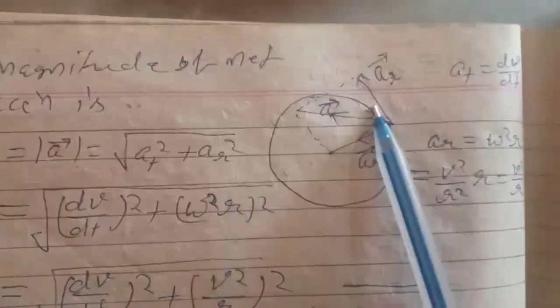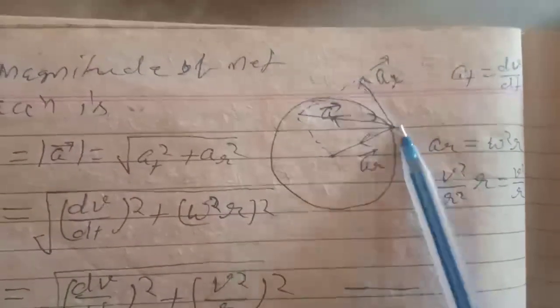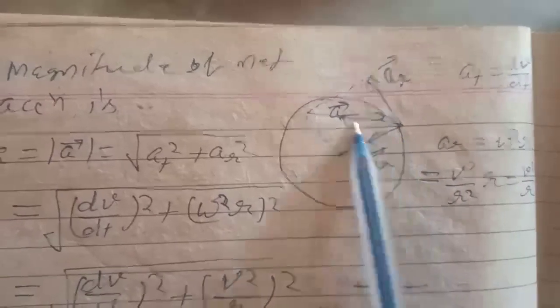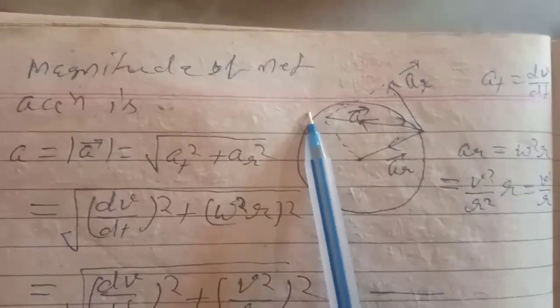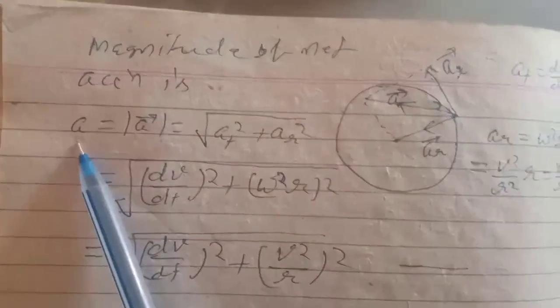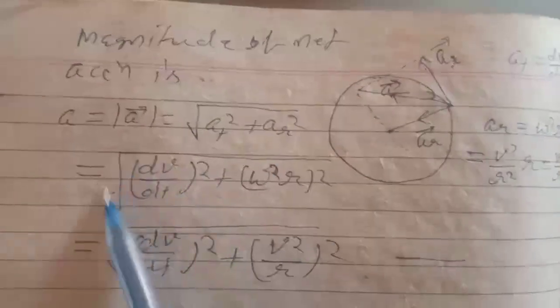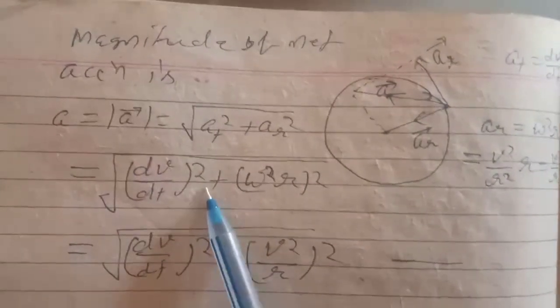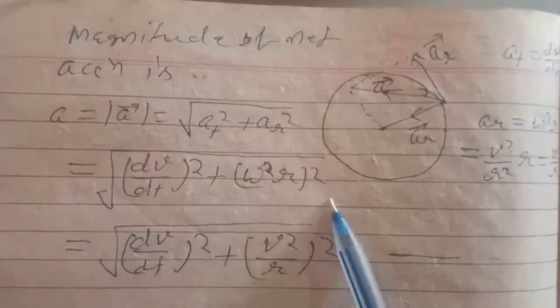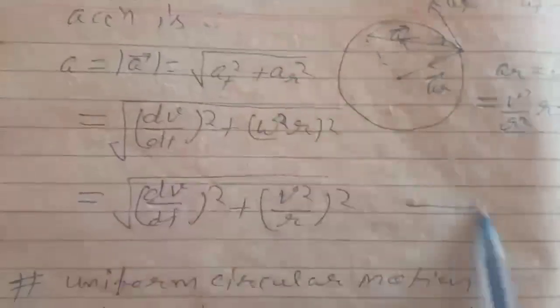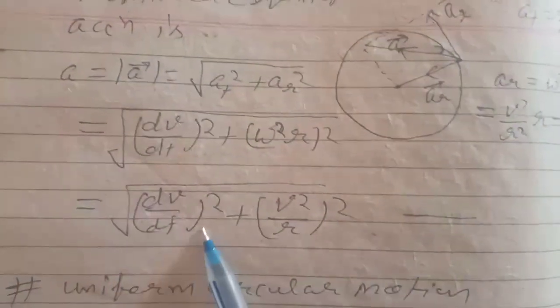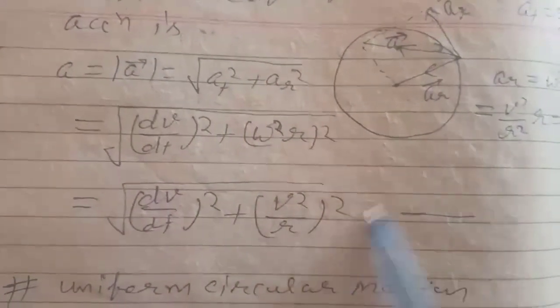Both are perpendicular to each other, so the resultant will be in this direction, a vector. The magnitude of net acceleration is mod of a vector equal to under root of at square plus ar square, that is under root of (dv by dt) whole square plus (omega square r) whole square, or under root of (dv by dt) whole square plus (v square by r) whole square.